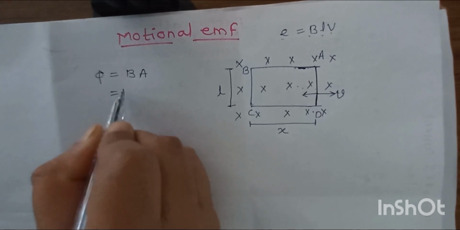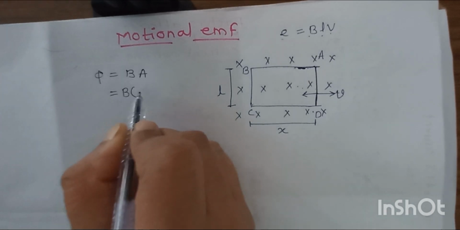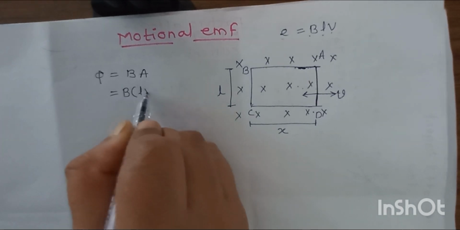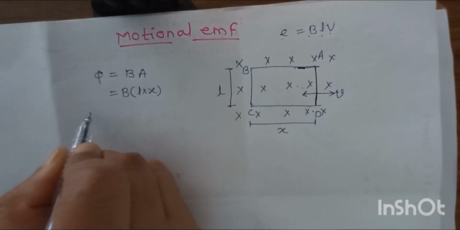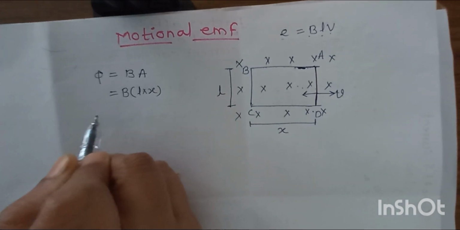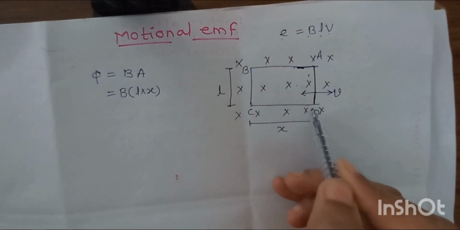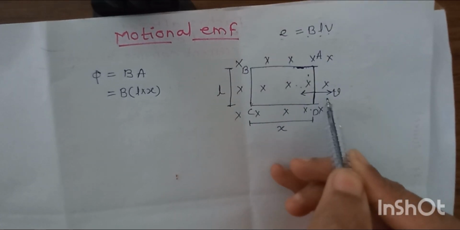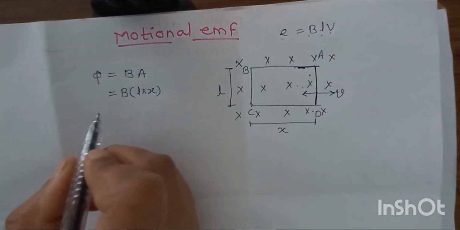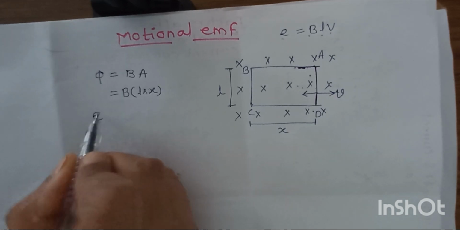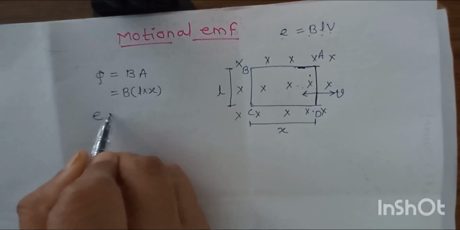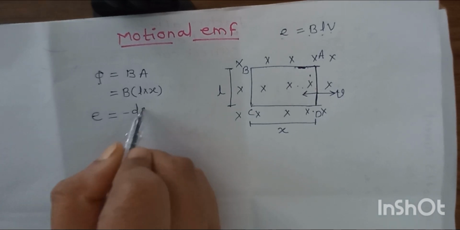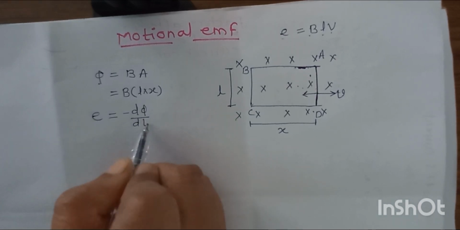Here we can write B, and area is length into breadth, L into X. If we change the rod AD towards BC or away from BC, then due to the change in flux an EMF is induced, and that EMF is equal to minus d phi by dt.